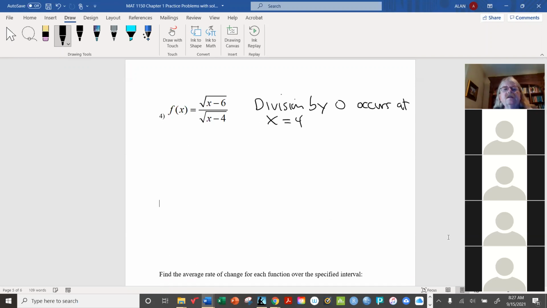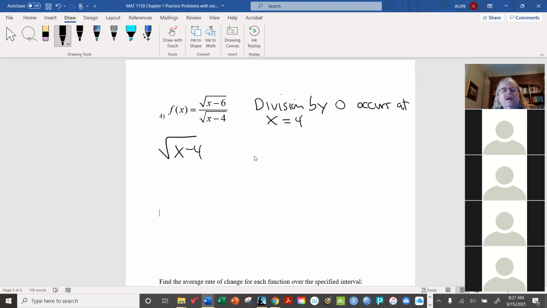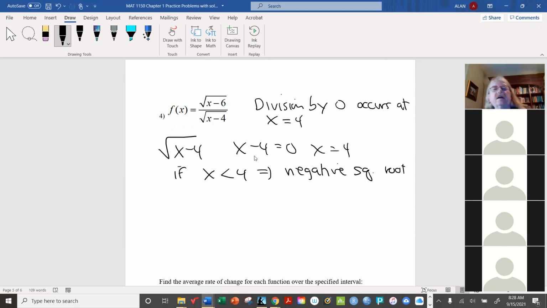But then we also have to avoid negative square roots. So if you look at this one, if I set this equal to 0, that means if x is less than 4, then we have a negative square root. So in other words, let's say I put 3 in for x, I'll have the square root of -1, which is clearly not permitted.